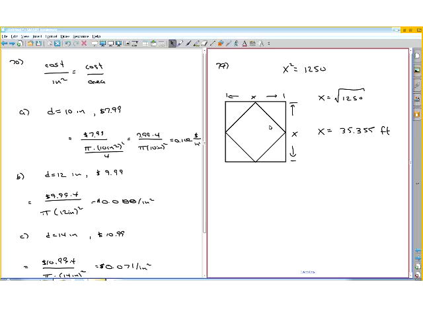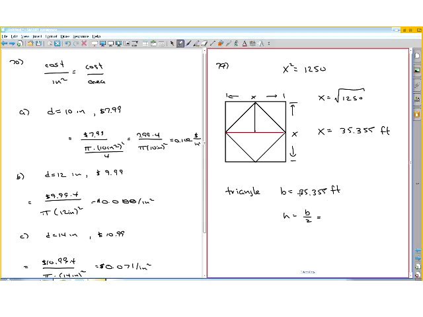Okay, now what we want to do is find the area of this square, but probably the best way to do it is to make it into two triangles. So I'm going to take this, break it in half, and this is the height of the triangle, and this is the base. So for the triangle, the base is equal to 35.355 feet, and the height is 1/2 of that, so it's base divided by 2.